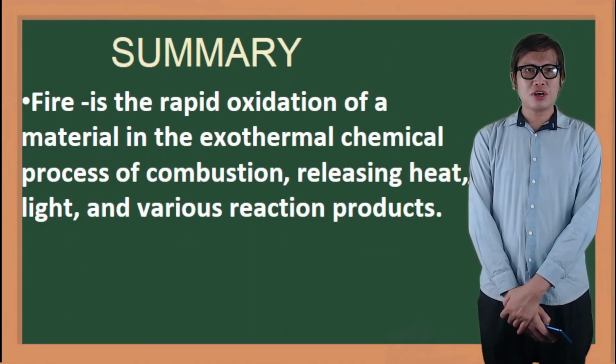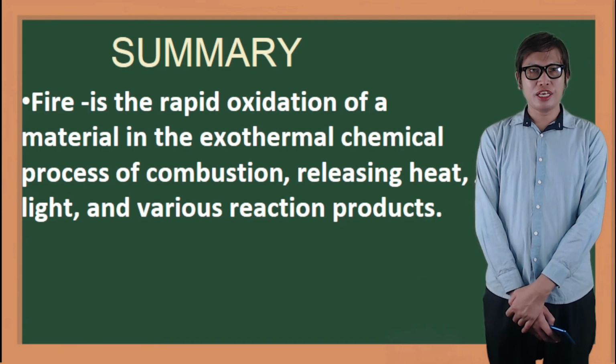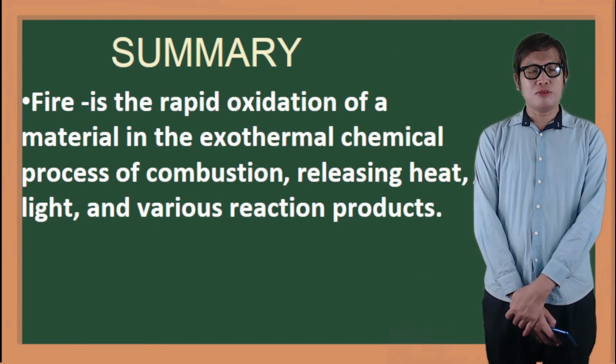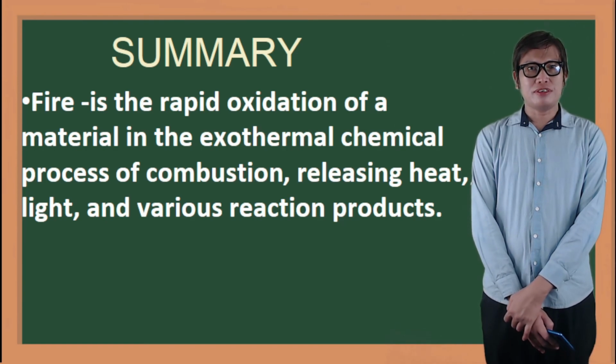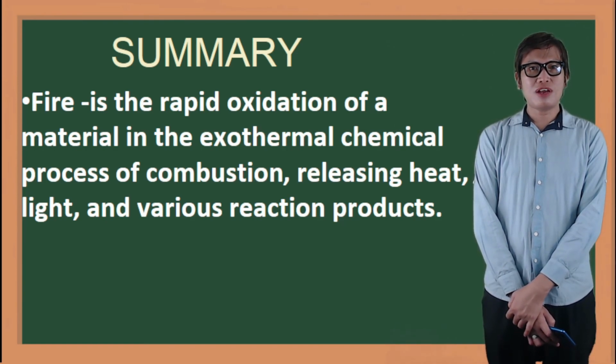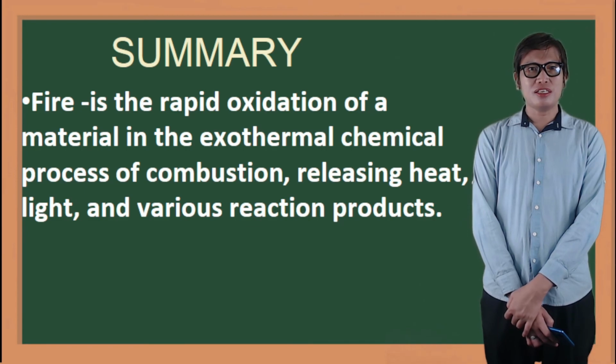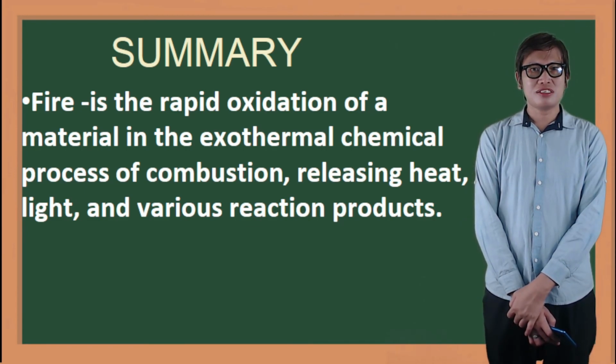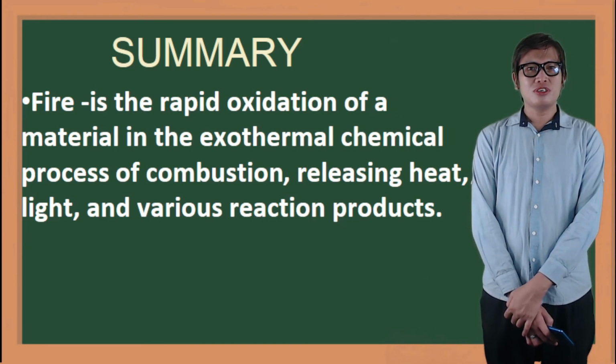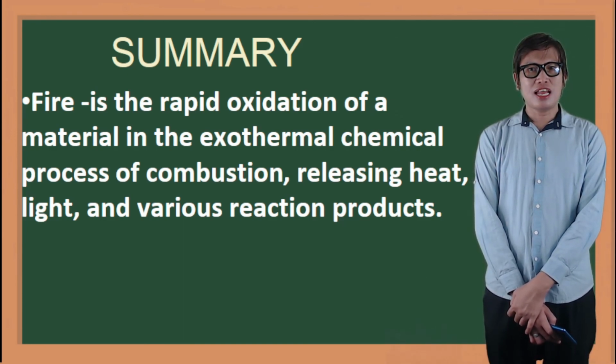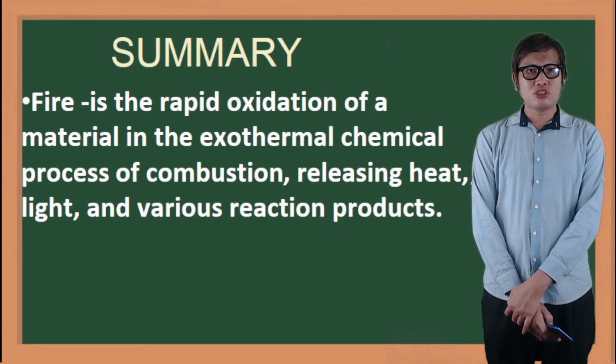Now, to summarize and recap our lesson for today, we have defined what is fire. Fire is the rapid oxidation of a material in the exothermal chemical process of combustion, releasing heat, light, and various reaction products.